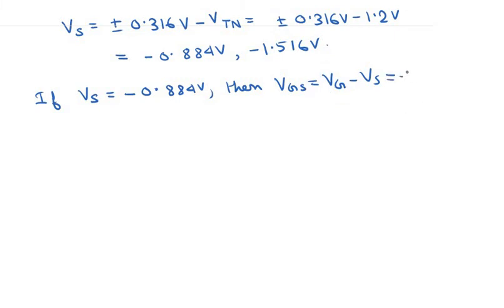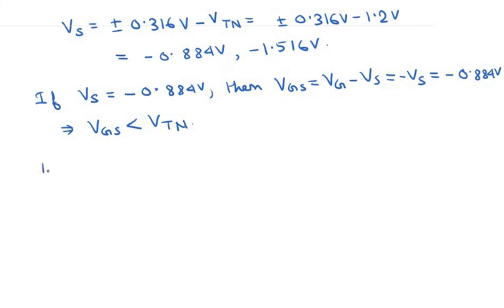So this is equal to minus Vs, which is equal to 0.884 volts. So this implies that Vgs is less than Vtn. So this cannot be true because the MOSFET is in cutoff if Vgs is less than Vtn, so no current can flow through the MOSFET, and that is why this solution is not a physical solution.